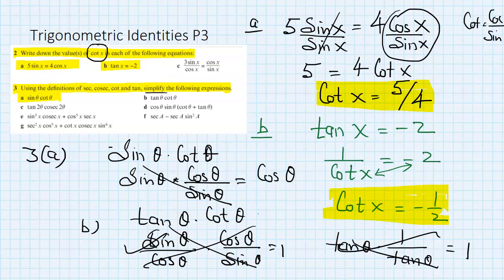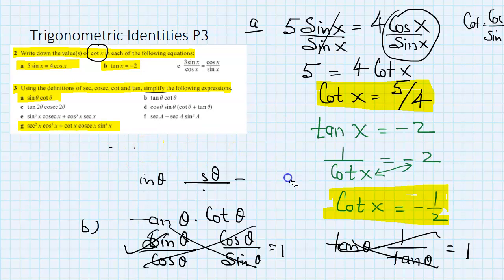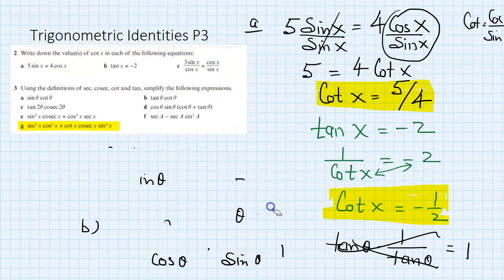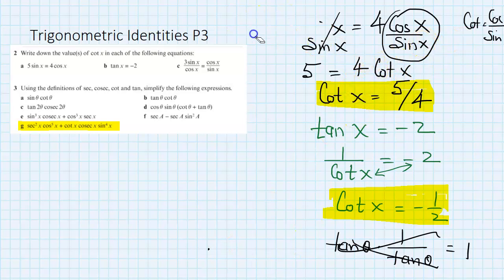Let's try something different. Part G. Let me make some space. So what we are doing, part G is sec square x cos 5x.